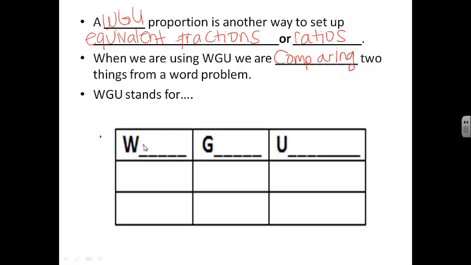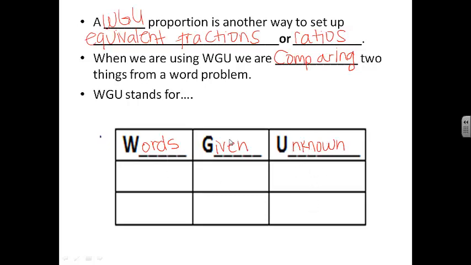Okay, so WGU stands for words, given, and the unknown. Now, what did we talk about in math when we don't know what something is yet? Okay, we talk about a variable, right? So a variable is a letter in math because it's unknown yet. So if you can go ahead and take a guess, what do you think is going to be in this column?